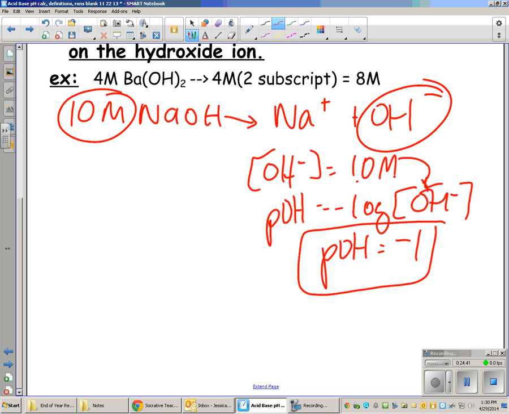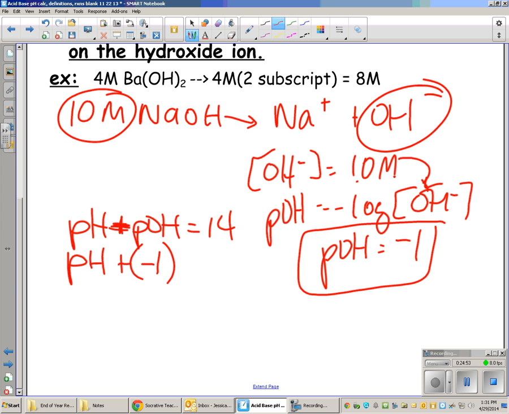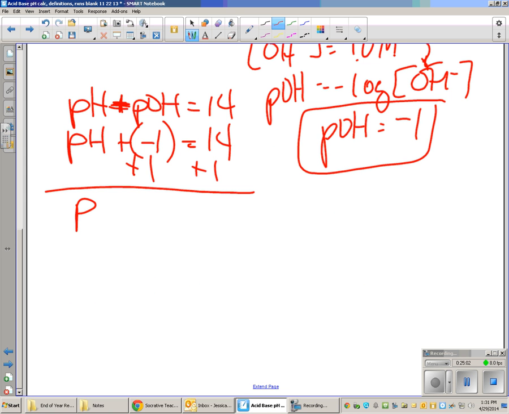Because pH plus pOH is equal to 14. So if you have negative 1 as your pOH, pH plus a negative 1 equals 14. Well, how do we get that over there? Add 1, pH equals 15.